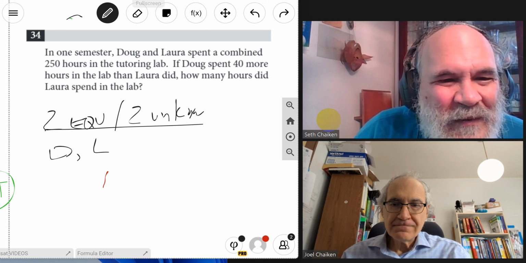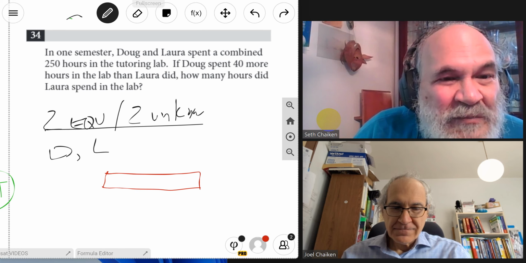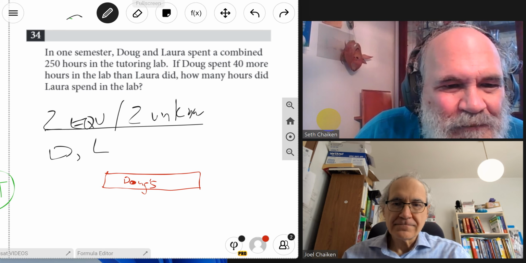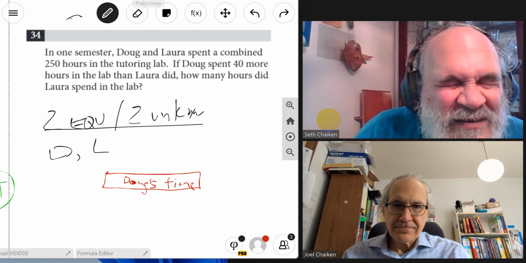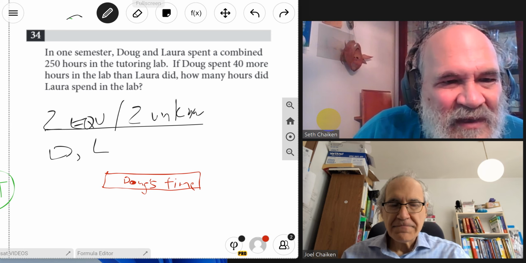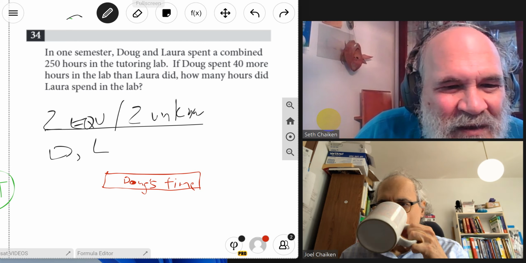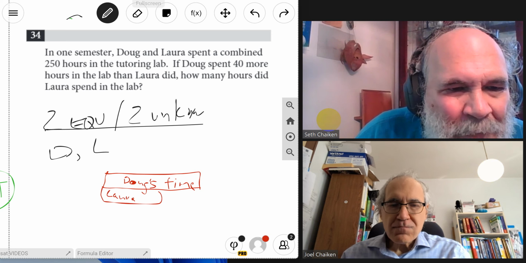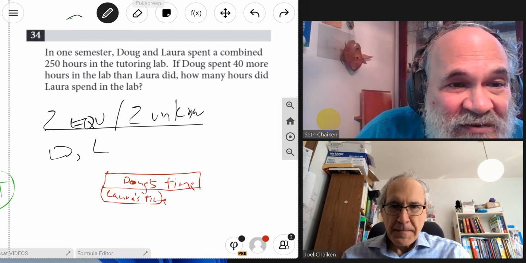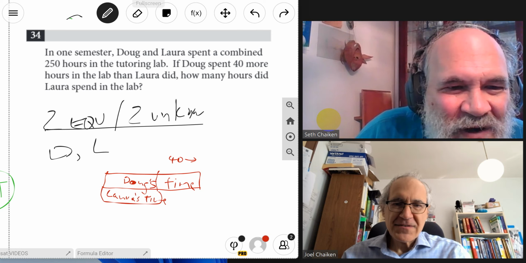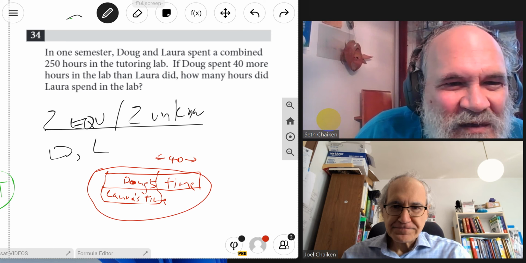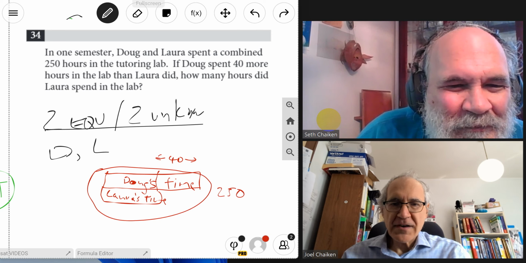So if you plot a rectangle that represents Doug's time, and then on top of it put a shorter rectangle that represents Laura's time, Doug spent 40 more hours than Laura. And then together, they spent 250.